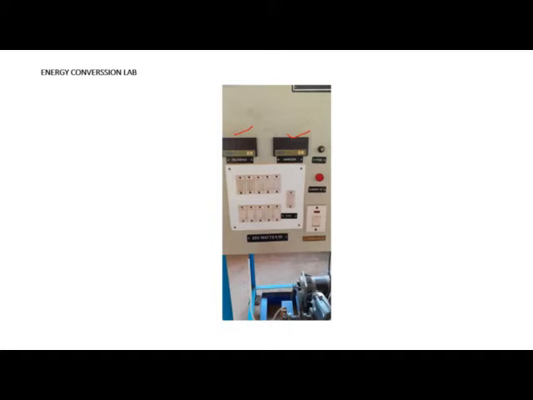The switches that you see here are the loading switches. At the back of the panel we have the resistance coils, which you can see in the next upcoming video. Each switch consists of 200 watts, and we have 10 switches, so the total load that we can apply on this engine is 2 kilowatts.